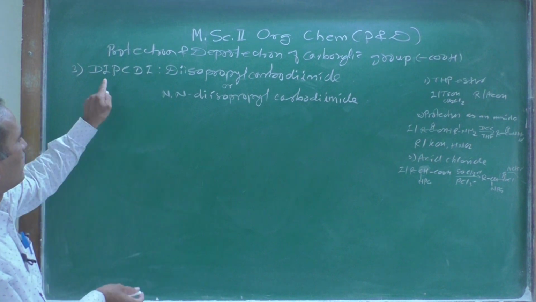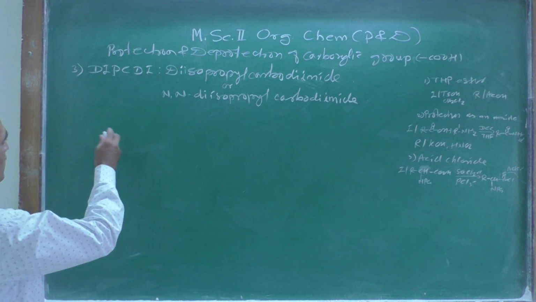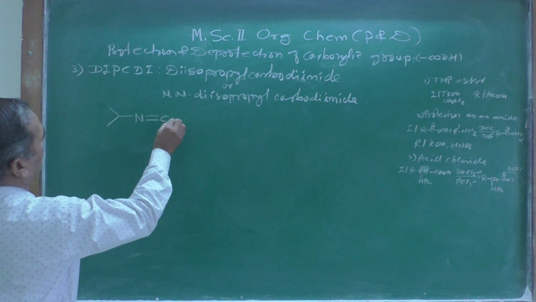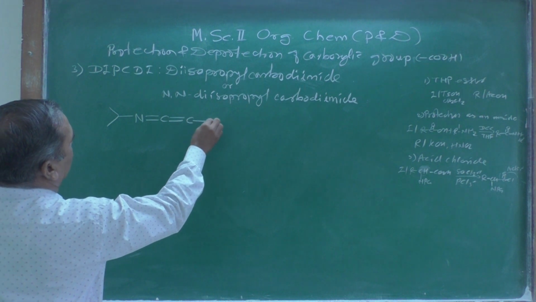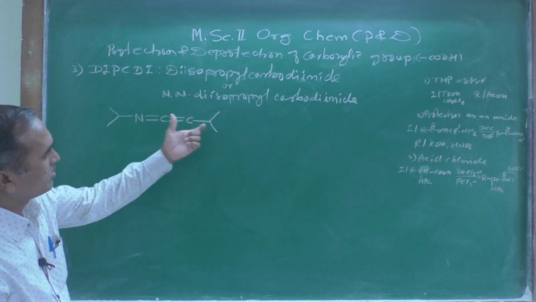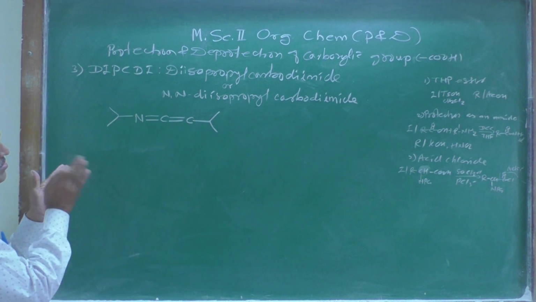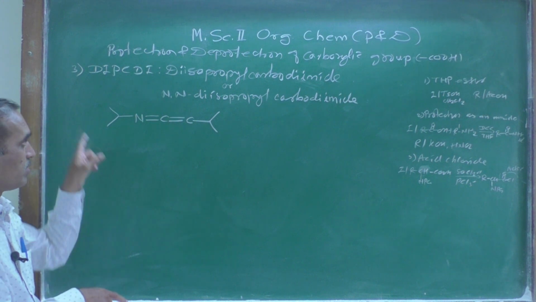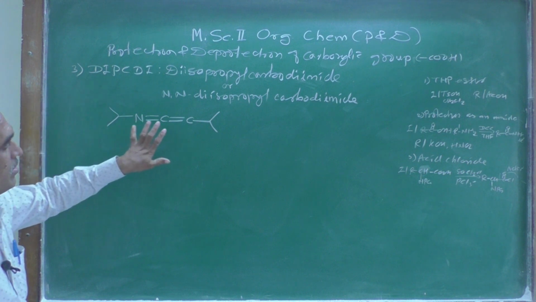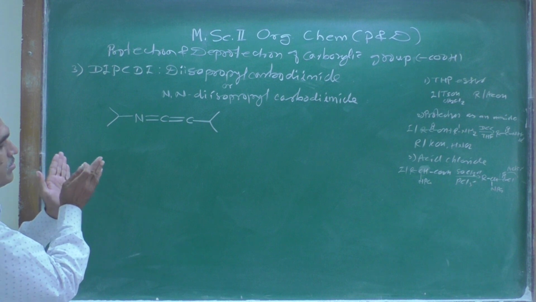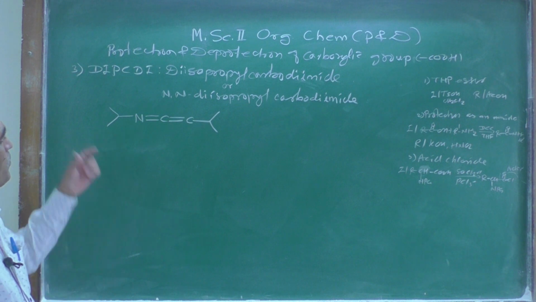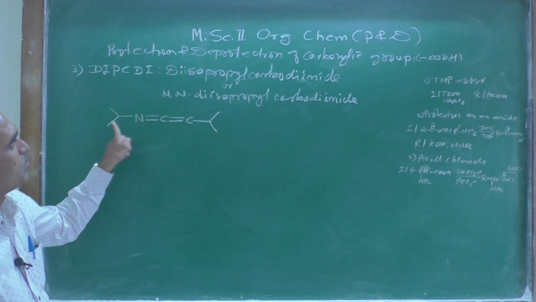Here this is the isopropyl group, N double bond C, and then isopropyl on both sides. In the previous reagent there was a cyclohexane ring in the structure, but in this case there is an isopropyl group, and therefore it is known as di, meaning two isopropyl groups.